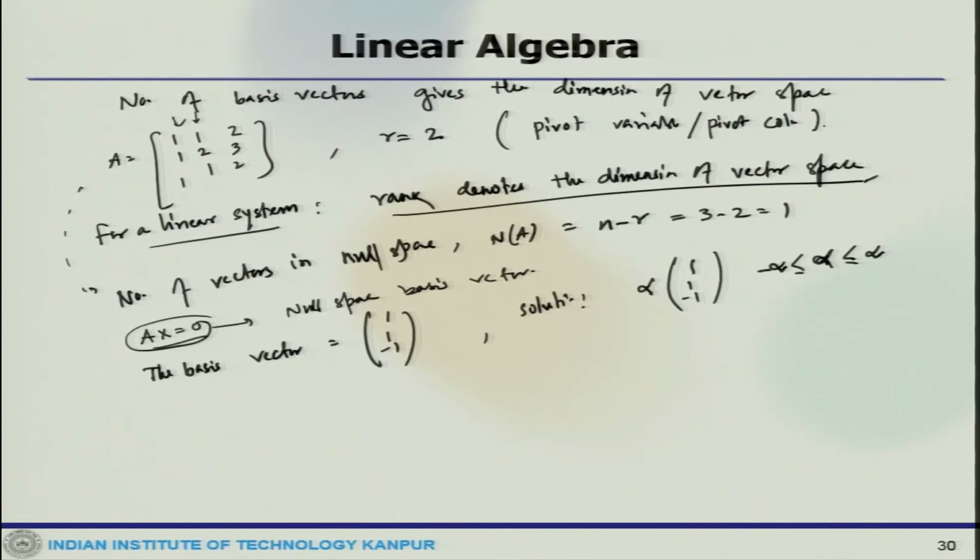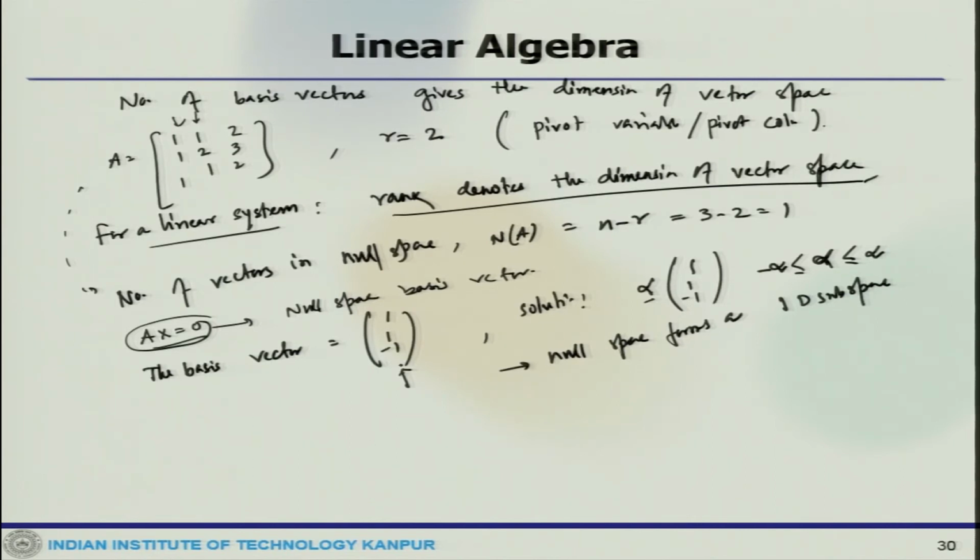Here there is only one basis vector, and any other combinations with alpha or C1, whatever the scalar, could form the null space here. Null space forms a 1D subspace, because the number of basis vectors is going to form the vector space.